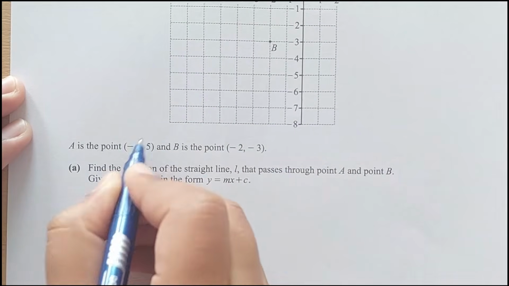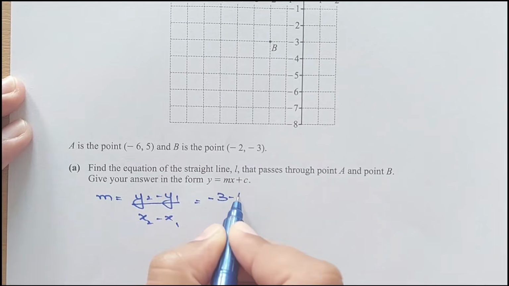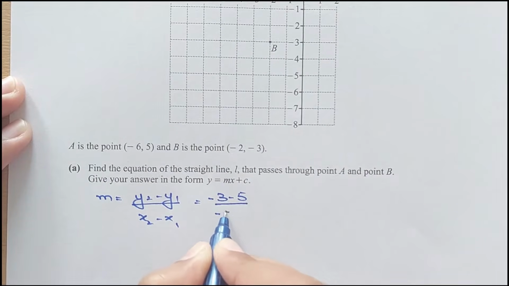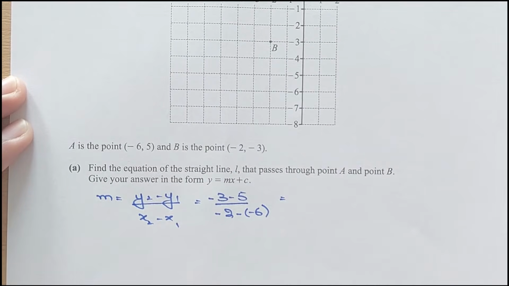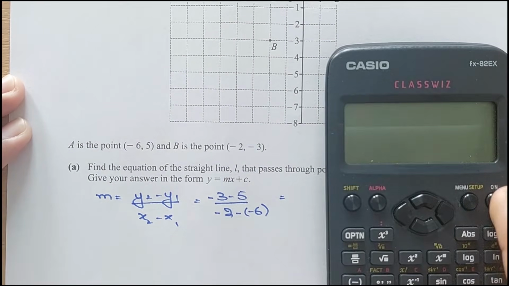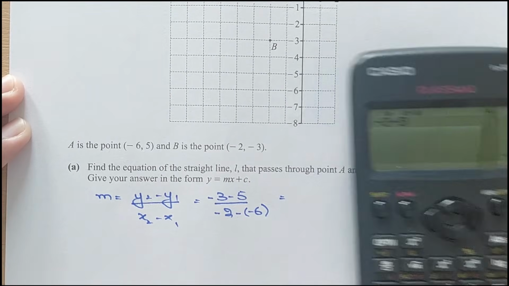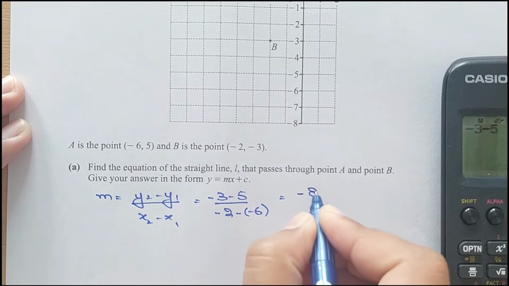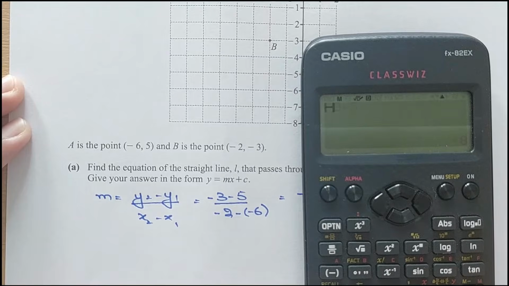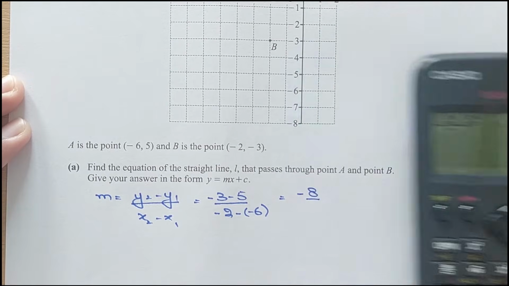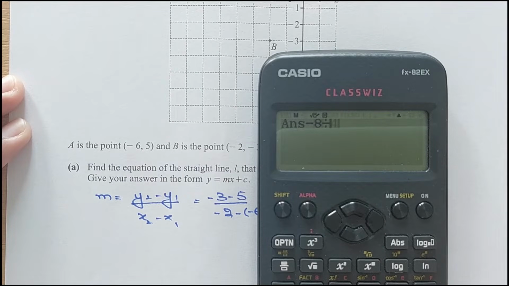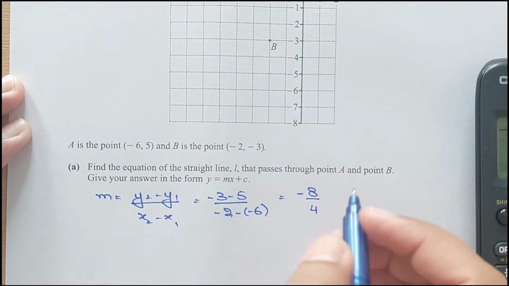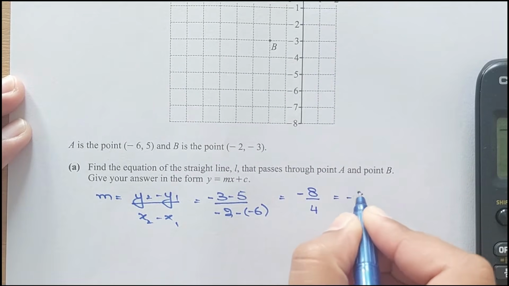So minus 3 minus 5 divided by minus 2 minus minus 6. Minus 3 minus 5 is minus 8, divided by 4. Minus 8 divided by 4 is minus 2. So minus 2 is the slope, the m value.